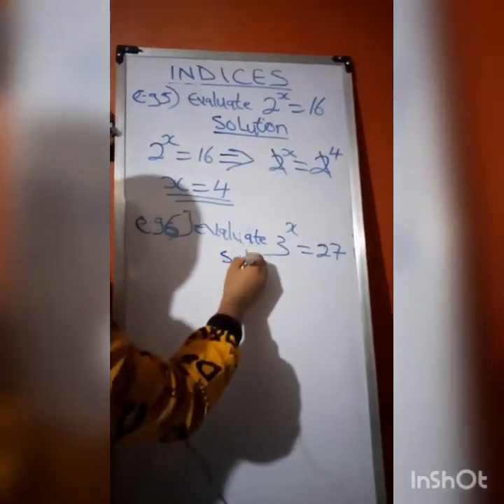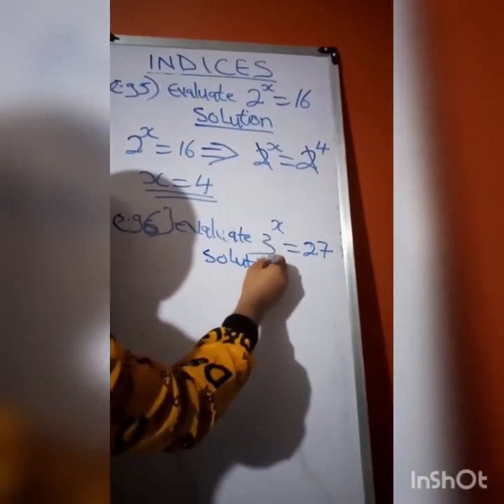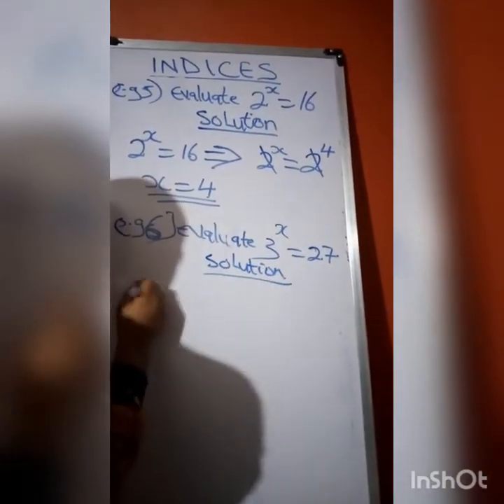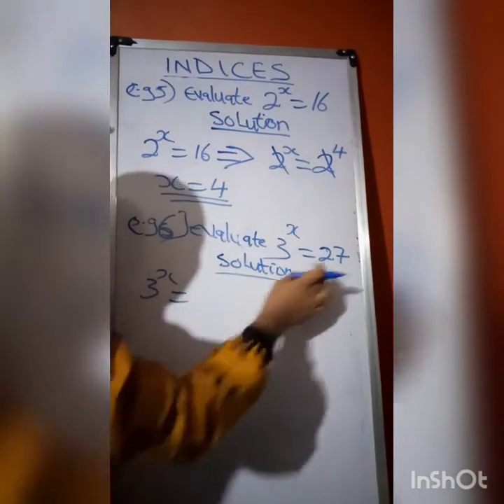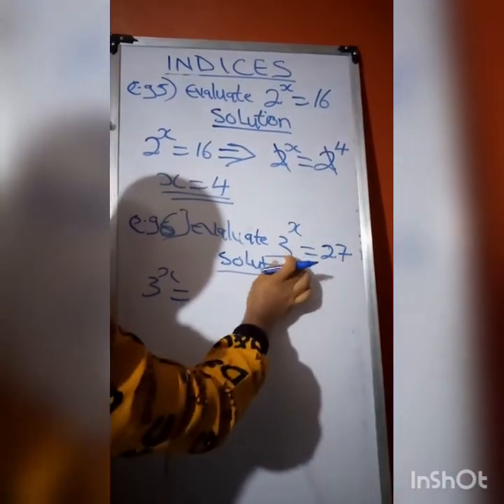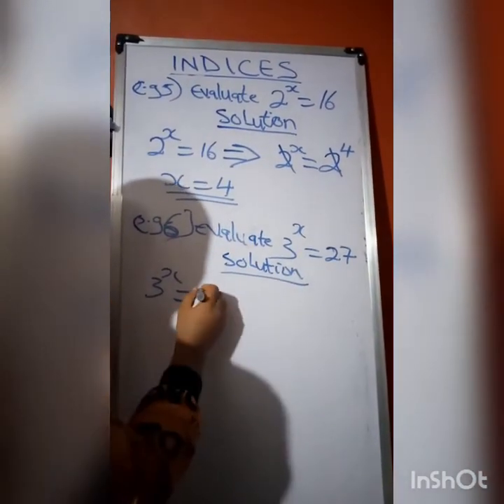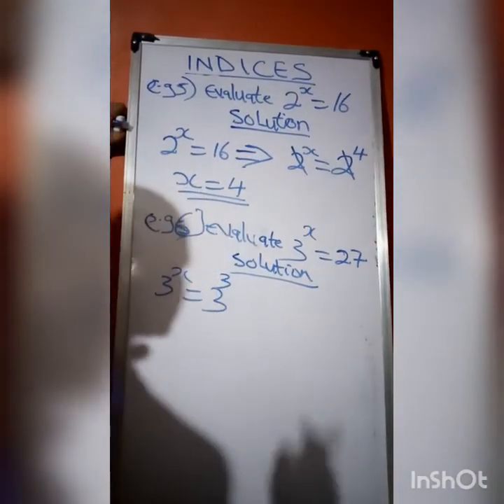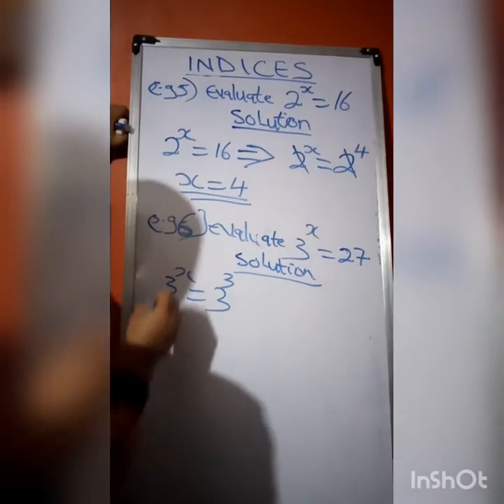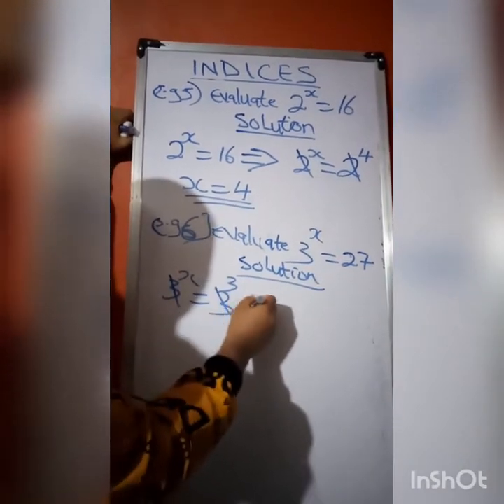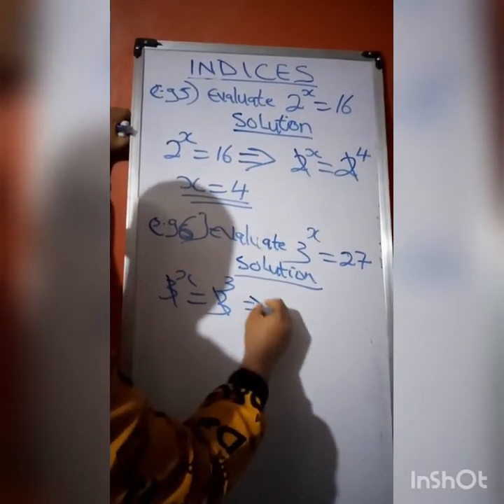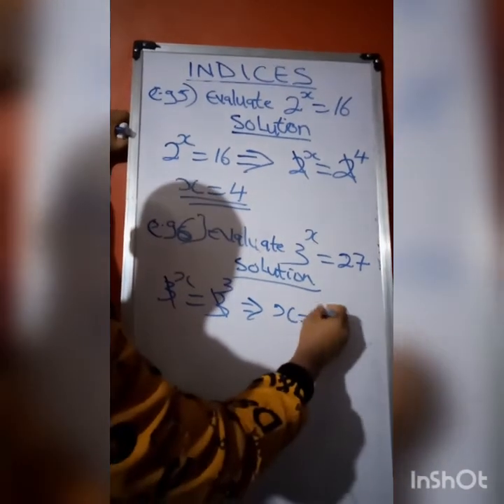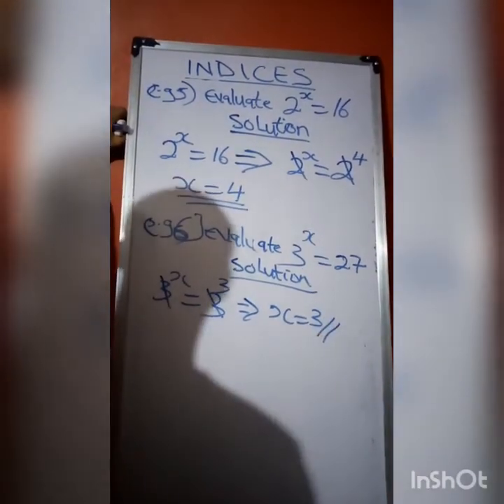The same way we did this one, 3 raised to the power x, I'll represent 27 in a base of 3. My 27 is the same as 3 raised to the power what? 3, because 3 times 3 times 3 will give me 27. So that this will cancel this. I'll be having my x to be equal to 3.